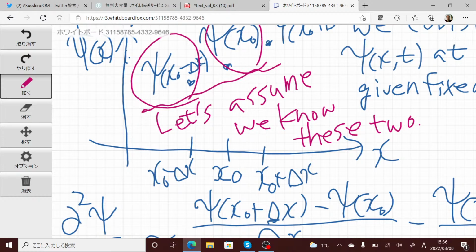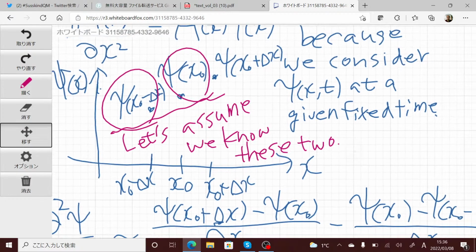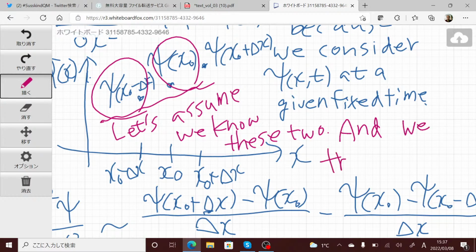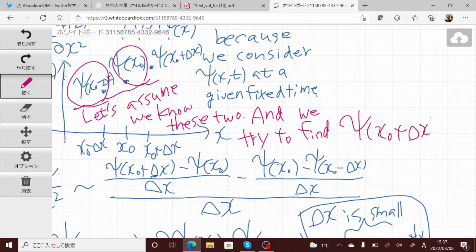We know these two, and we try to find psi of x0 plus delta x.